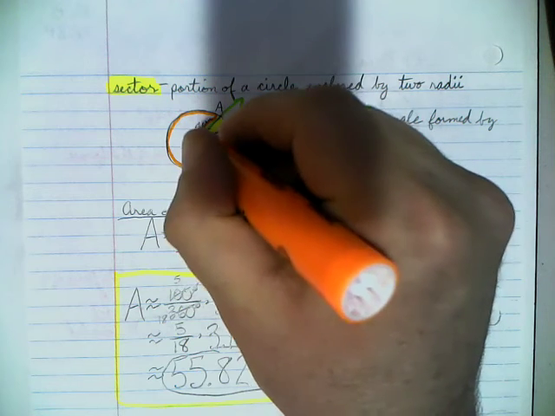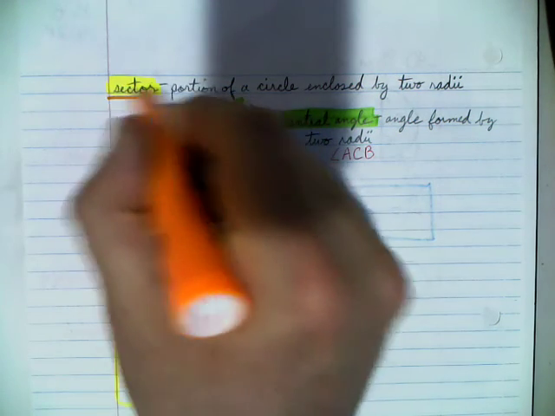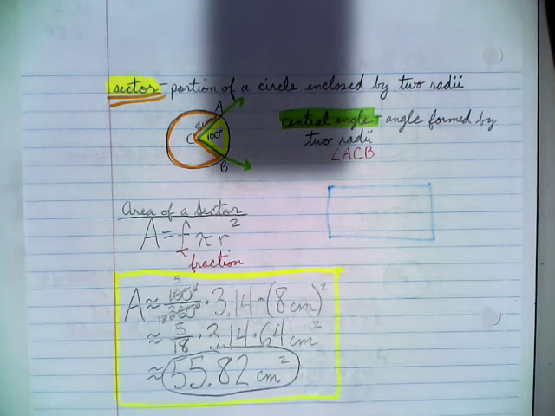I'm going to use those same 2 radii, but I'm going to go the other way. This is also a sector. Okay. So just to emphasize the point, both the yellow and the orange are sectors of this circle. This orange sector is just going the other way around.